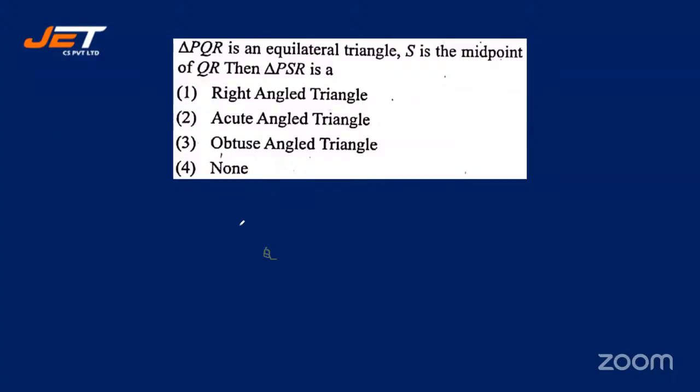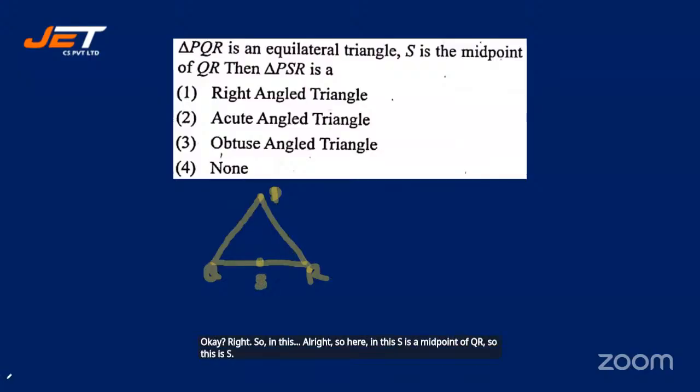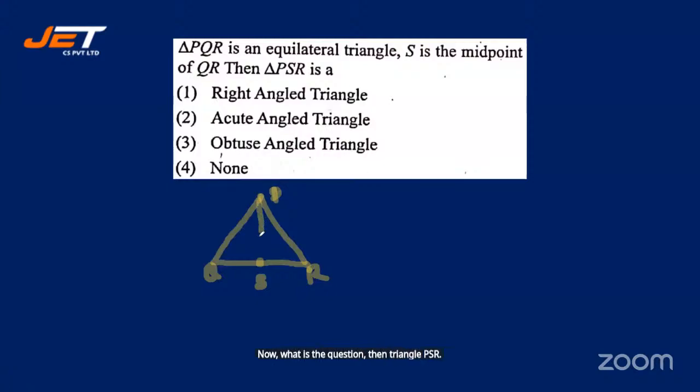In this, S is the midpoint of QR. So this is S. Now what is the question? Then triangle PSR, right? So what is this? Triangle PSR is dash. So quickly give me the answer.